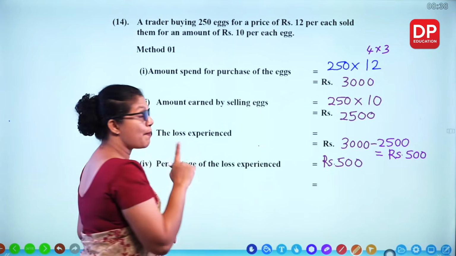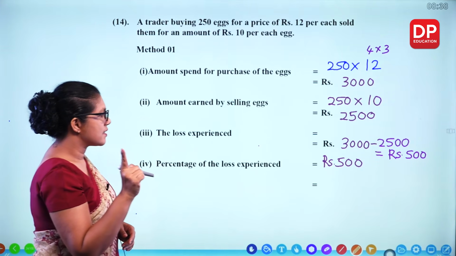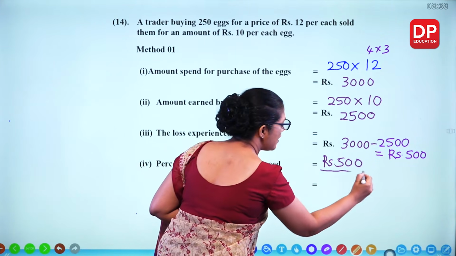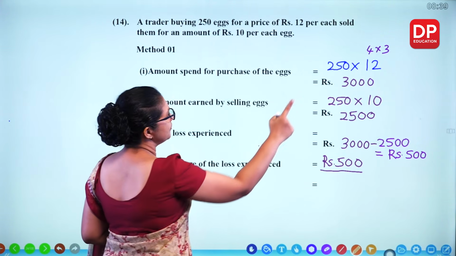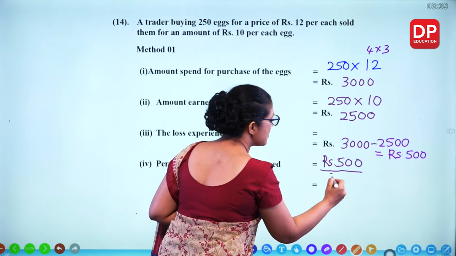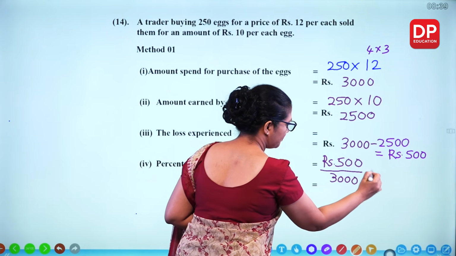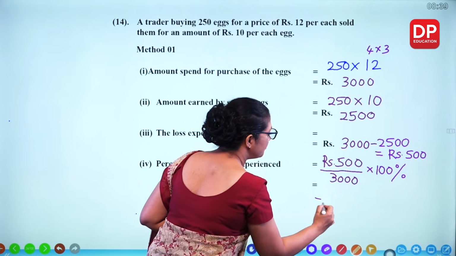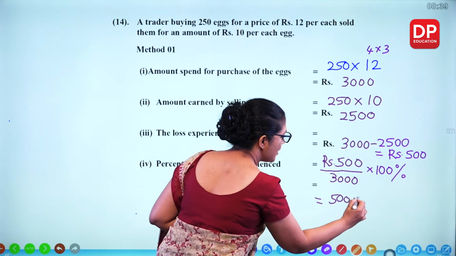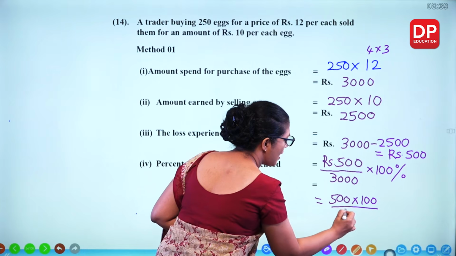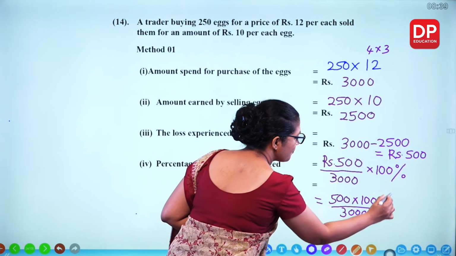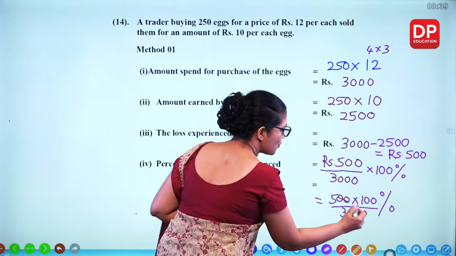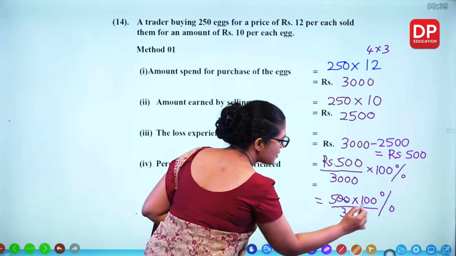Now what is the percentage loss? 500 out of 3000. 3000 is the total buying price into 100. So 500 into 100 divided by 3000. 2 zeros get cancelled out and 1 zero here.